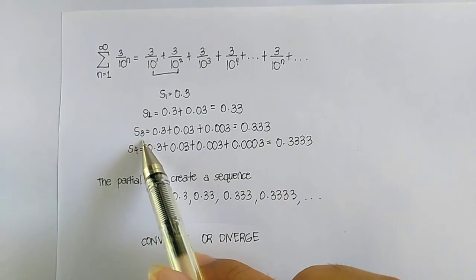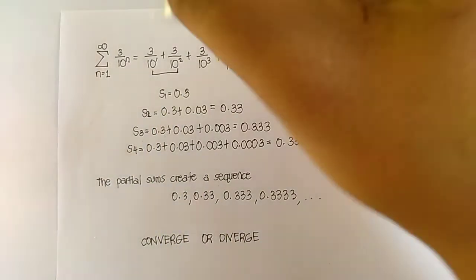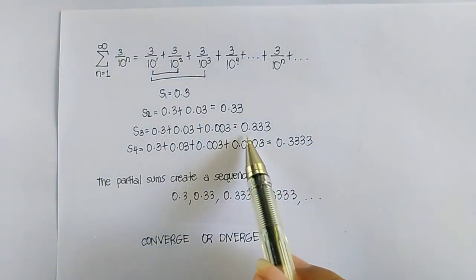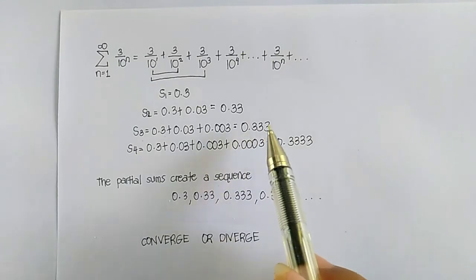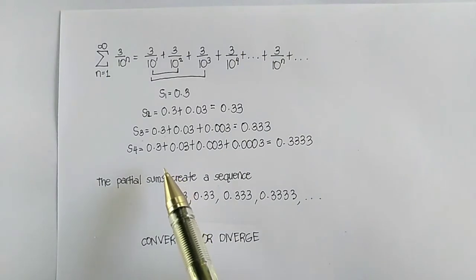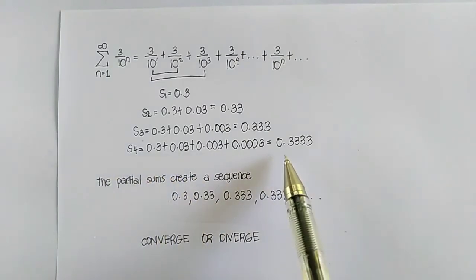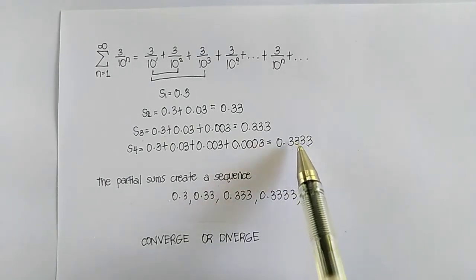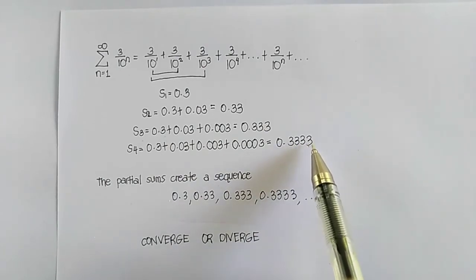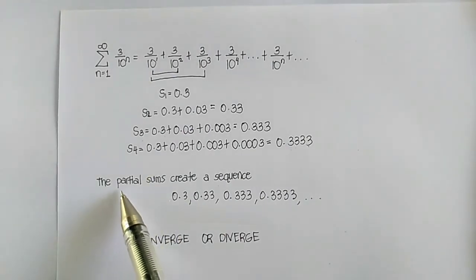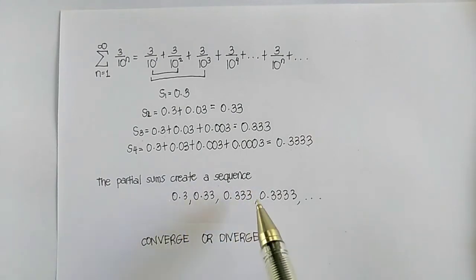And then the sum of the first three terms must be 0.333, or 333 thousandths. And then we could see that the sum of the first four terms is 0.3333, or 3,333 ten thousandths.